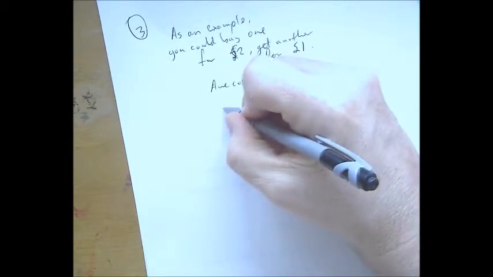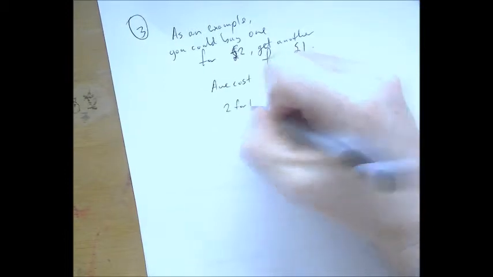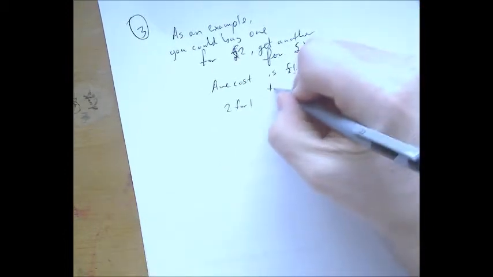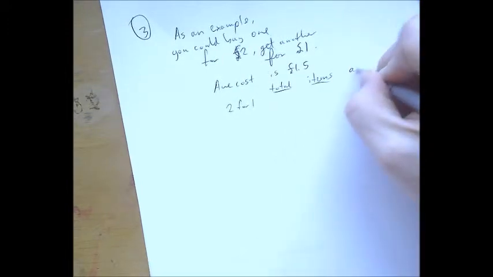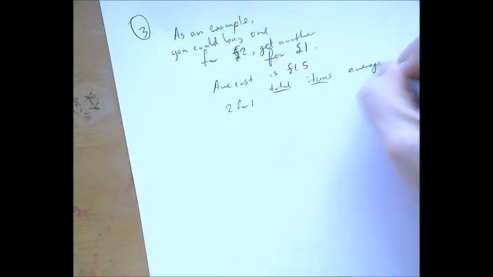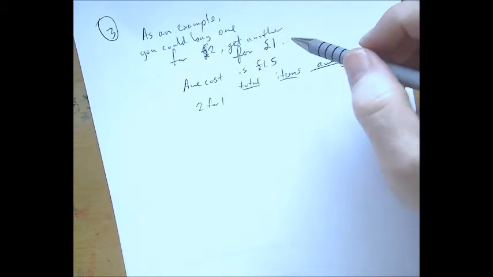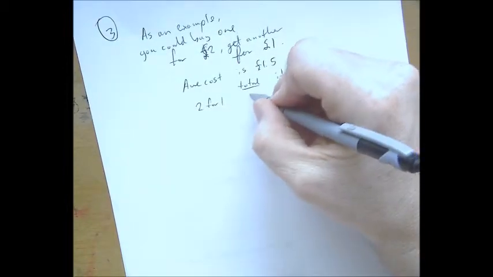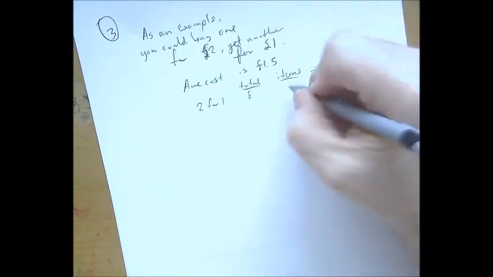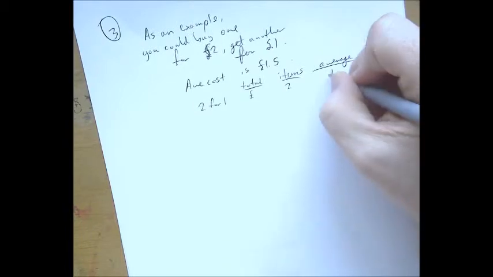So 2 for 1, if you bought 2 for 1, you only pay £2, you get 2 items and the average will be 1.